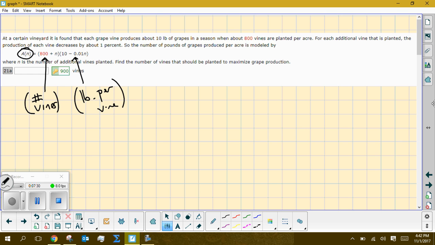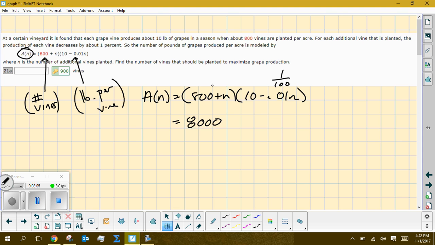But we're looking at that, and we say, okay, if I want to figure out how to maximize this grape production, I need to take this A of N, which is in this format here, and I need to expand it. I need to multiply it out, FOIL it out. So 800 times 10 gives me 8,000. 800 times 0.01, which is 1/100th, just gives me 8.